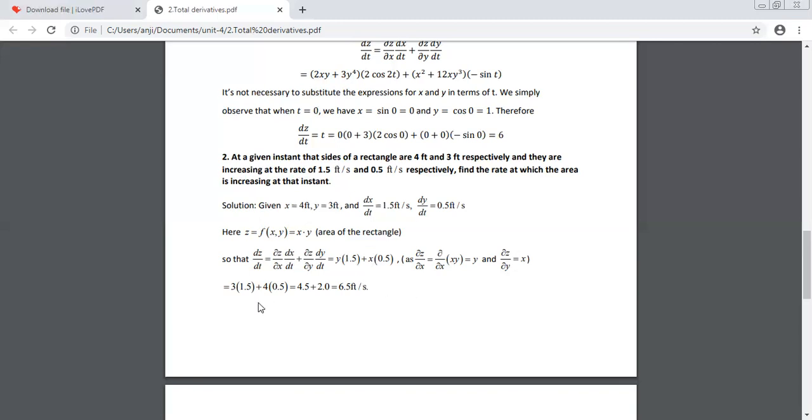We already know x and y, so put x equals 4 and y equals 3. So we get 6.5 feet per second.